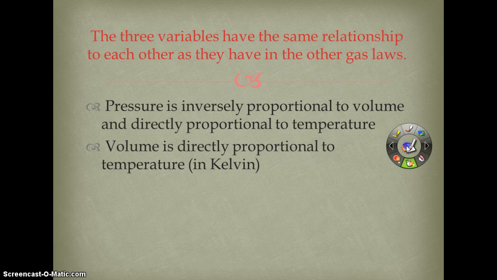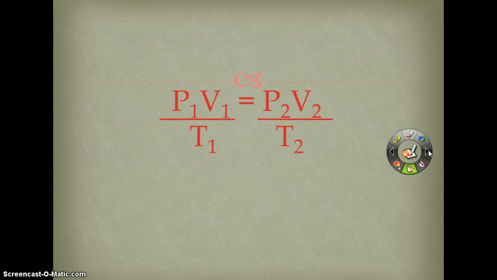And these variables are going to have the same relationship to each other in the combined gas law as they have in their individual gas laws. So pressure is going to remain inversely proportional to volume and directly proportional to temperature, and volume is going to remain directly proportional to temperature in Kelvin. So that's going to give us our P1 V1 over T1 equals P2 V2 over T2.